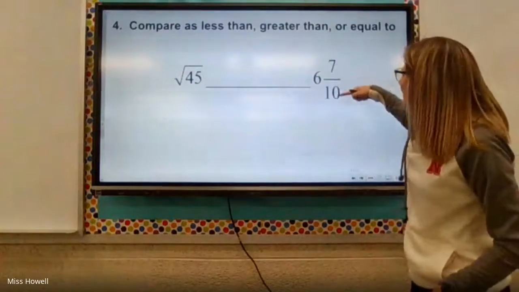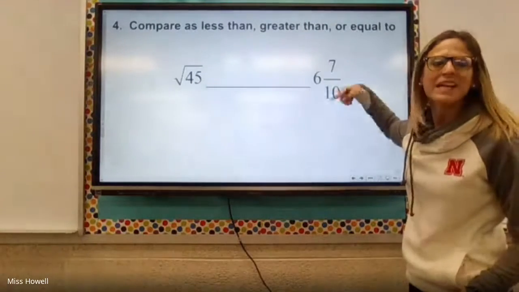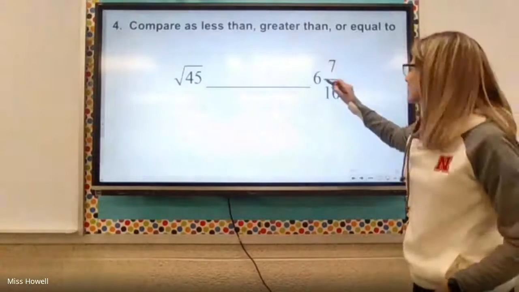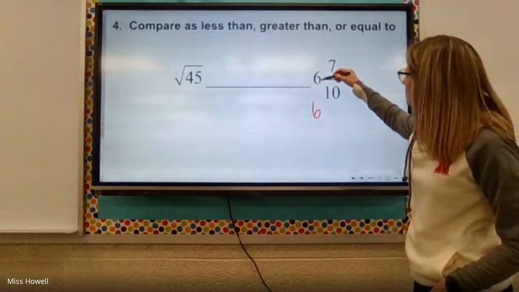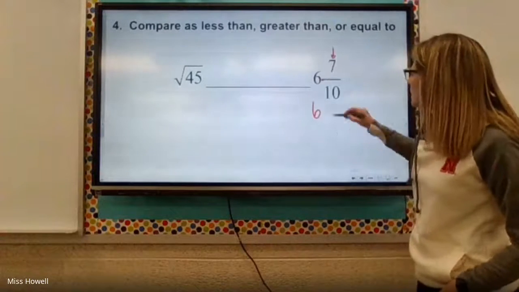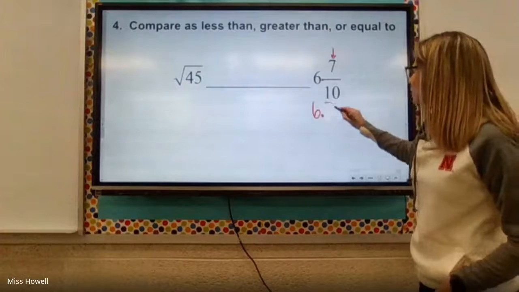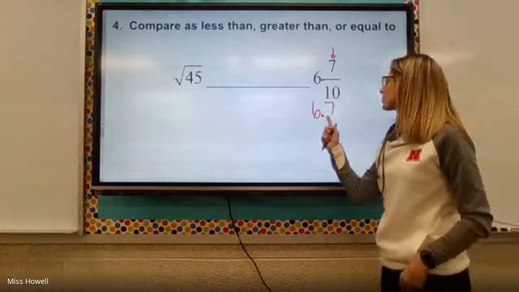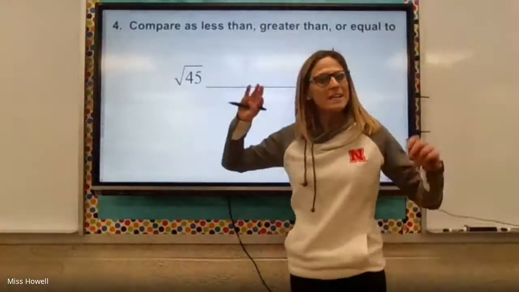So 7/10, right? 7 divided by 10 is 0.7, or put a 7 in the tenths location. So we have 6. That's not changing. It's 6 point whatever we get here for 7/10. So it's 6 point, and then 7 divided by 10 would give us 0.7. So we're comparing a 6.7 with whatever we get over here when we do our square root, its approximate value.